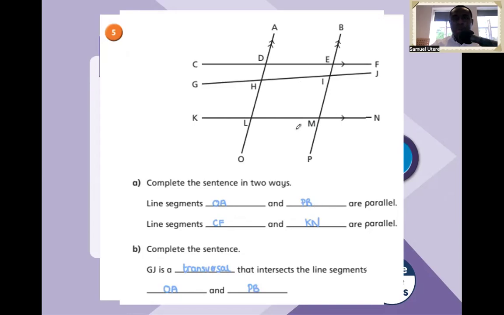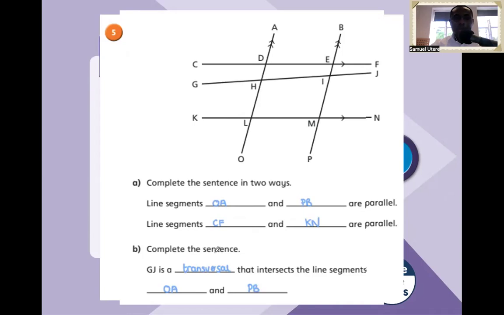Yeah, they are parallel. All right, and you can see the parallel line notations. And then here are the other statements. So you were simply going to look for things in the diagram to complete the statements. And of course, the other one would be CF and KN.